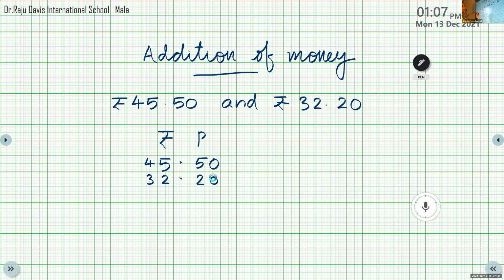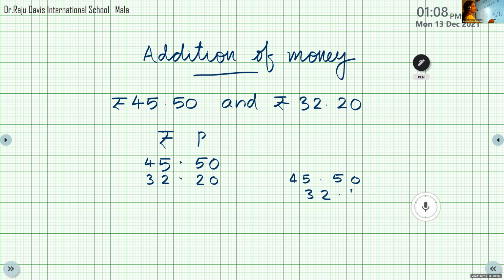When we are writing these, rupees will be in the same column, paisa in the same column, and the dot should be one below the other. If you write like this, it is wrong.